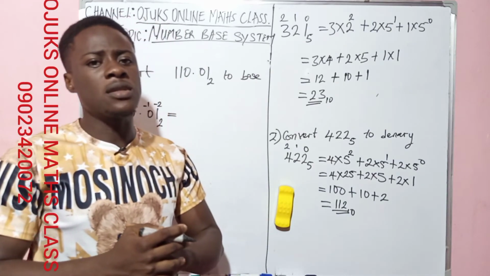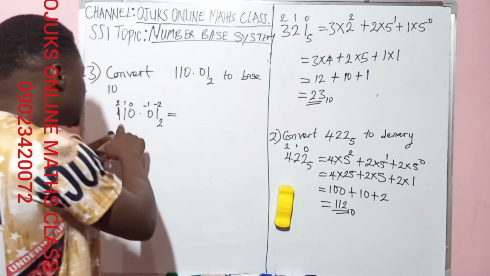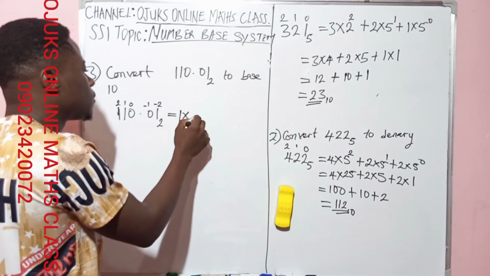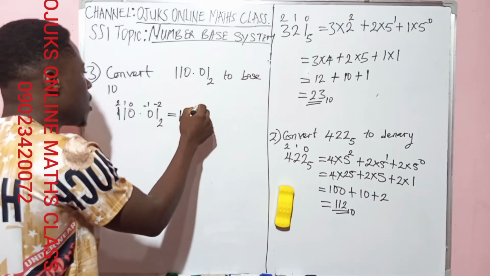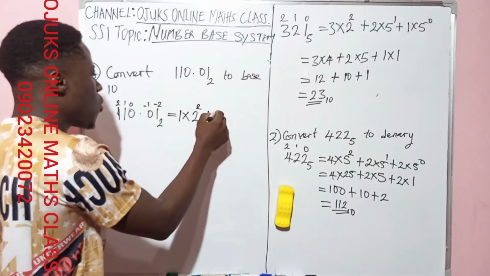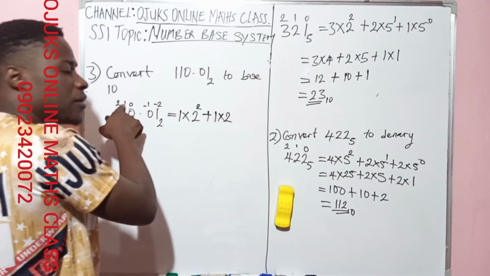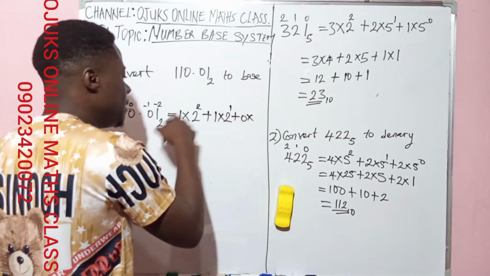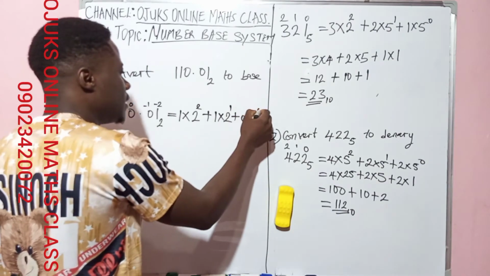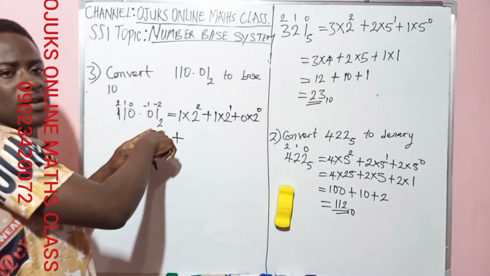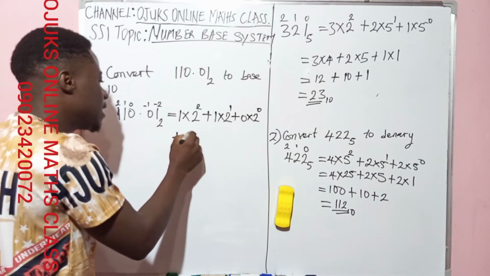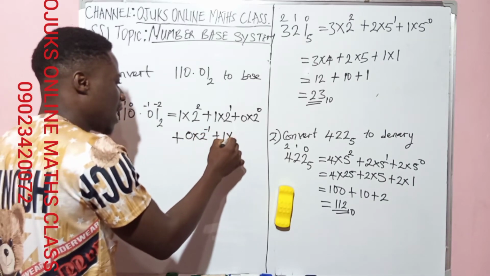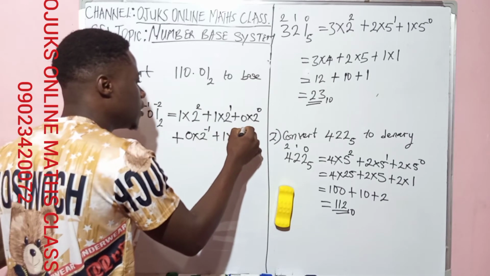So now, let us expand this. This gives, as usual, 1 times the base, which is 2, raised to the power of 2, plus 1 times the base 2 raised to the power of 1, plus 0 times the base 2 raised to the power of 0, plus, now we'll come over to the decimal part, 0 times 2 raised to the power of -1, plus 1 times 2 raised to the power of -2.